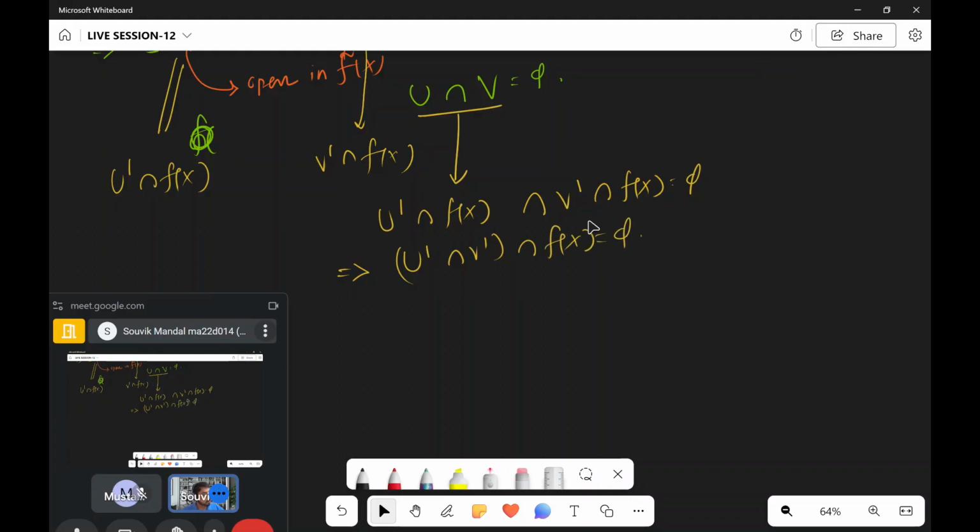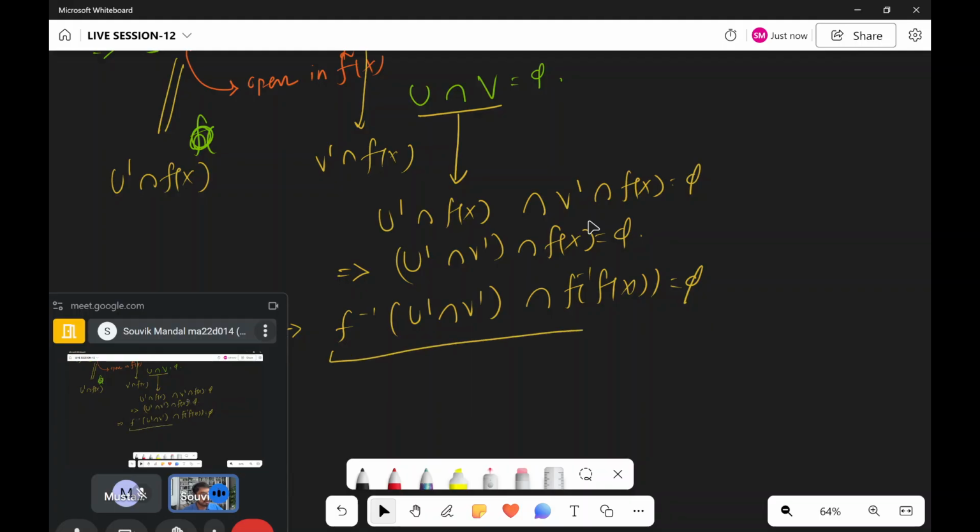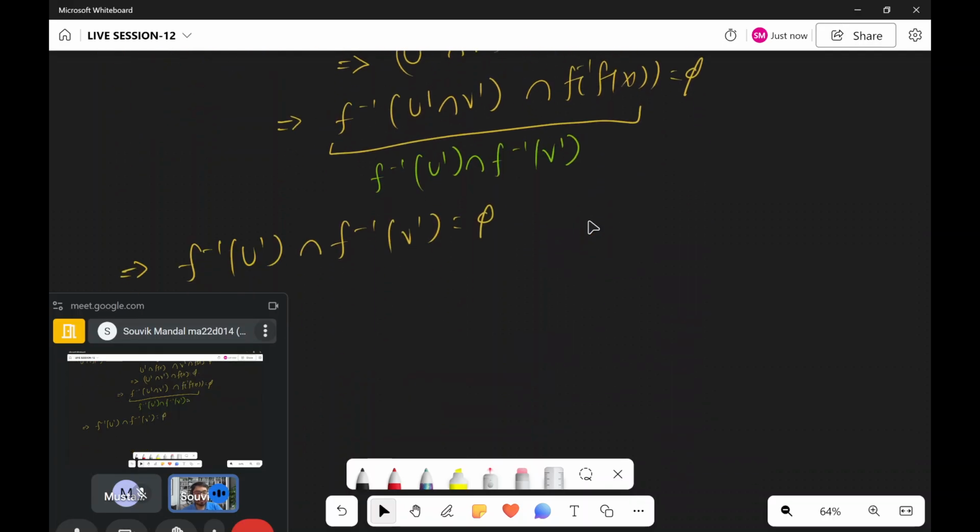Now we apply the inverse. This implies f inverse of U' intersection V' intersection f(X) is empty, and this whole thing is nothing but f inverse U' intersection f inverse V'. So f inverse U' intersection f inverse V' is equal to empty.